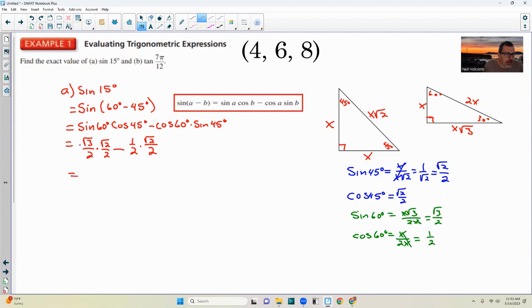And then I simplify this. The square root of 3 times the square root of 2 is the square root of 6 over 4. Minus 1 times the square root of 2 is the square root of 2 over 2 times 2, which is 4. And so I get the square root of 6 minus the square root of 2 over 4.